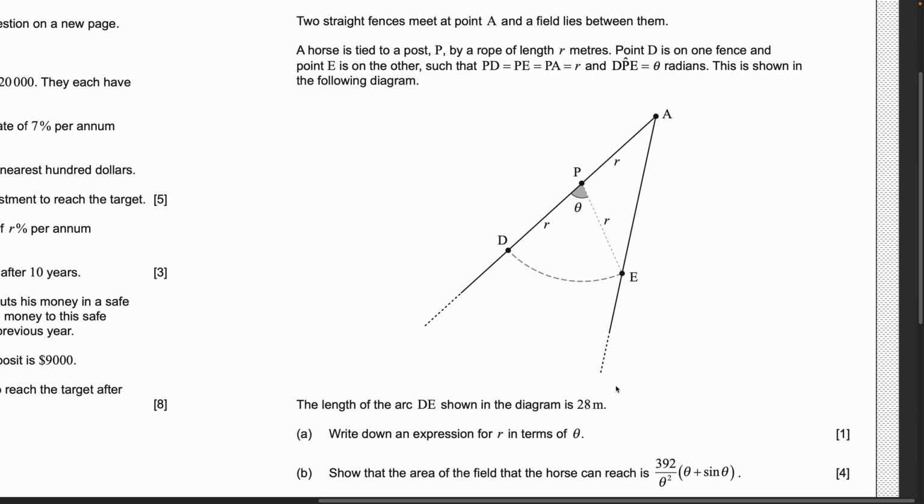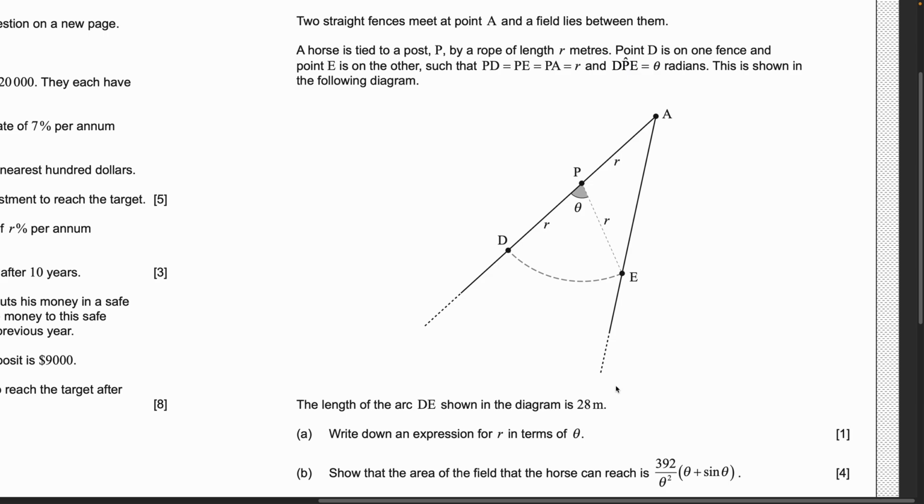Okay? All right, so we got two straight fences meet at point A. A horse is tied to post P by a length of R. Point D is on one fence and point E is on the other fence, such that PD equals PE, which equals PA, which equals R. So this is R, that's R, that's R, that's R, all right?